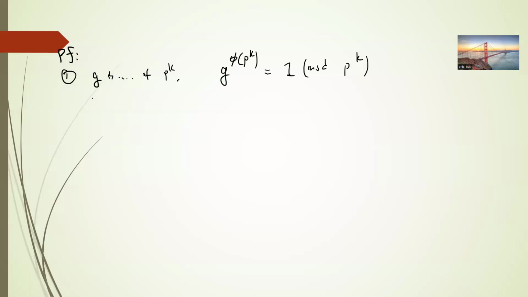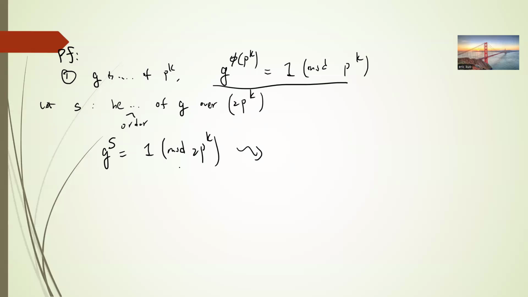Let S be the order of G mod 2P^K, so G^S is 1 mod 2P^K. Obviously S is greater or equal to phi of P^K, because if you increase the modulus, the order should be higher.